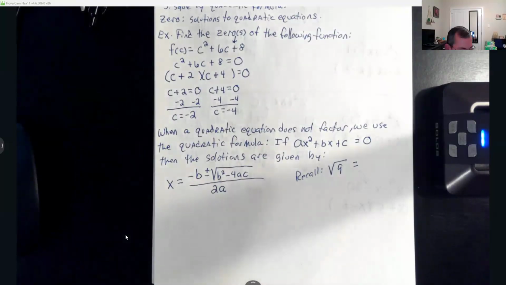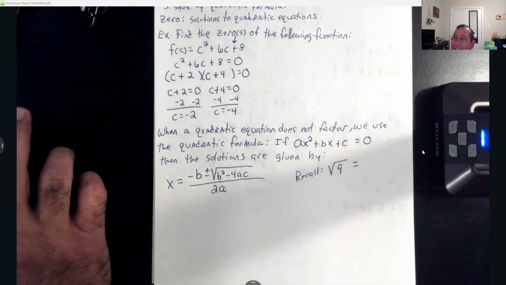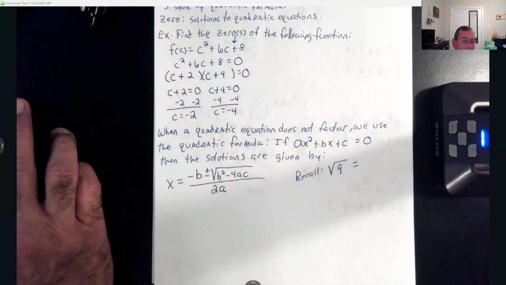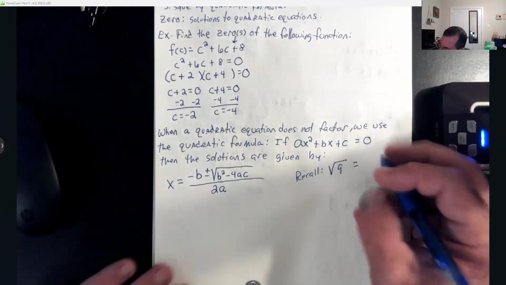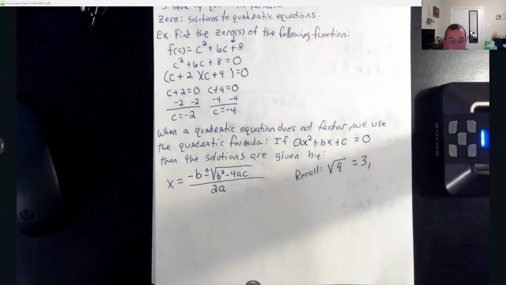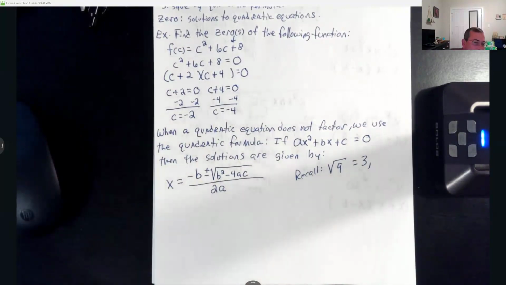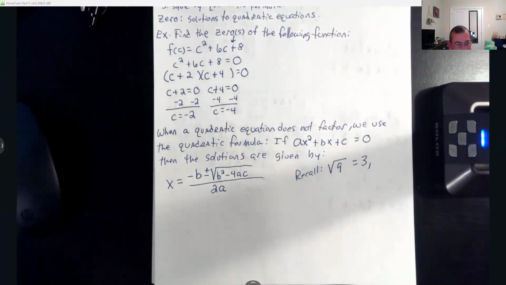All right, Chase, you got one of the square roots of 9. 3 is the right answer. But y'all, there's another square root of 9. What else times itself will give me a positive 9?